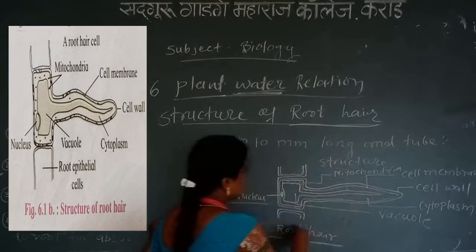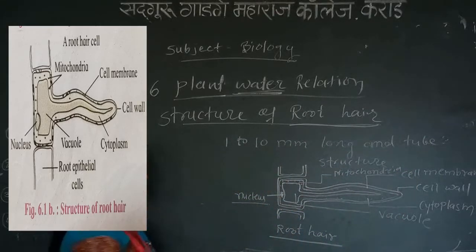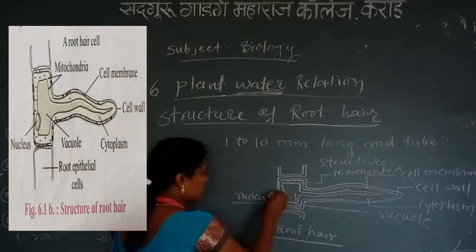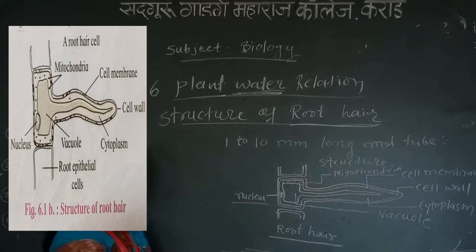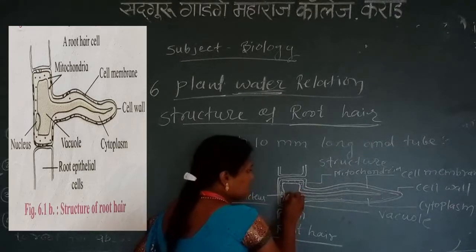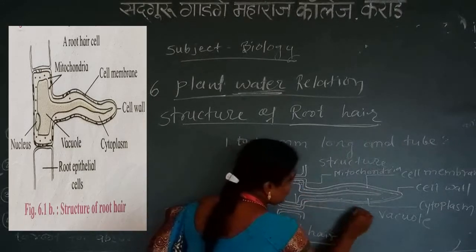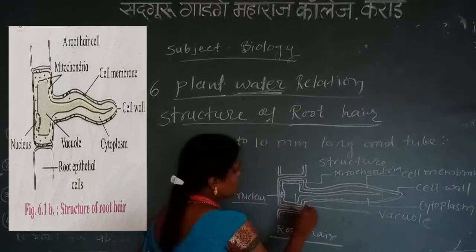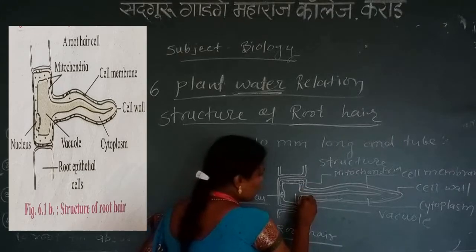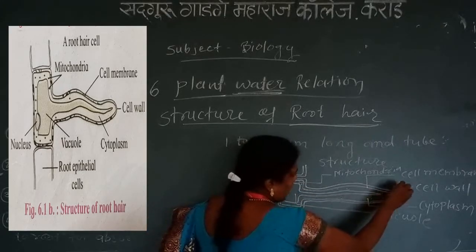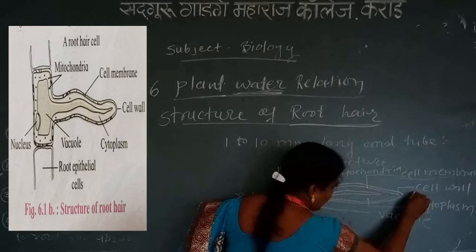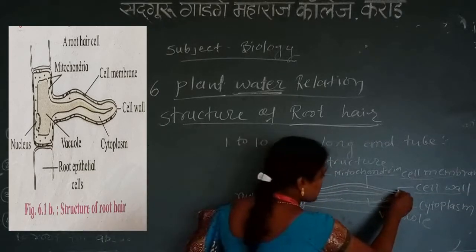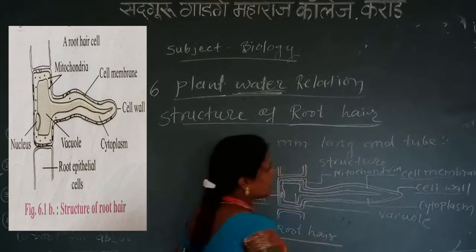Then this is the nucleus. The nucleus is present at the periphery of the cell, and in the center a large vacuole is present containing cell sap. Surrounded by this large vacuole are the cytoplasm, the cell membrane and the cell wall.